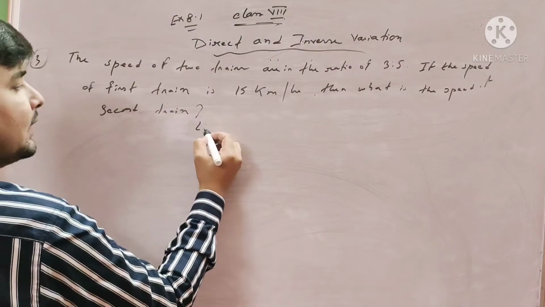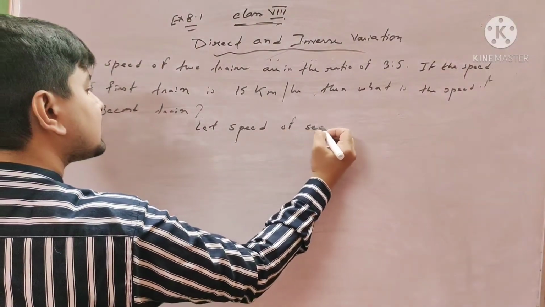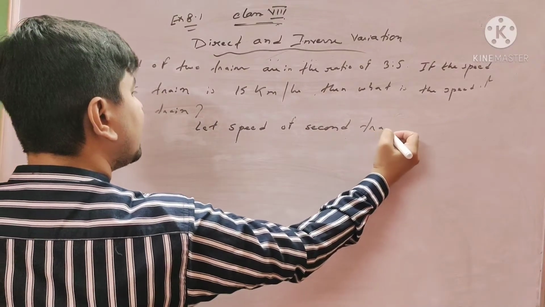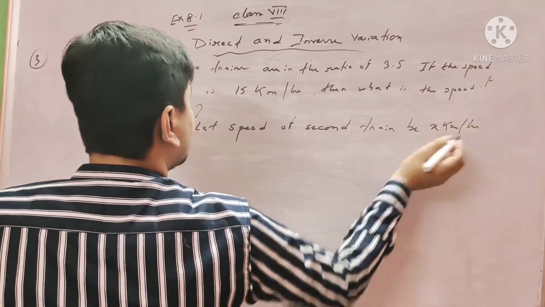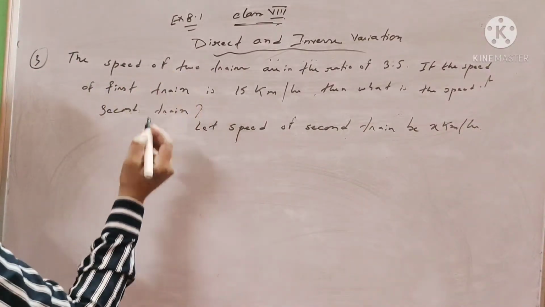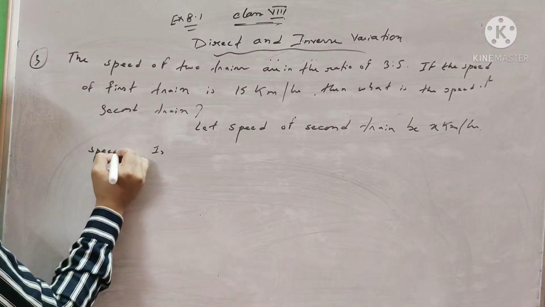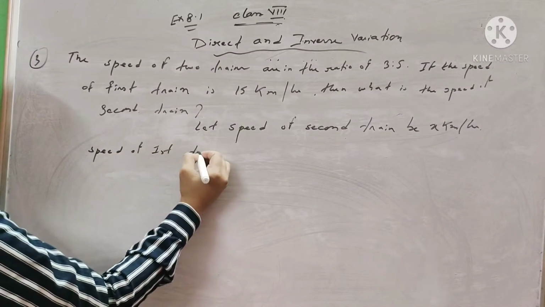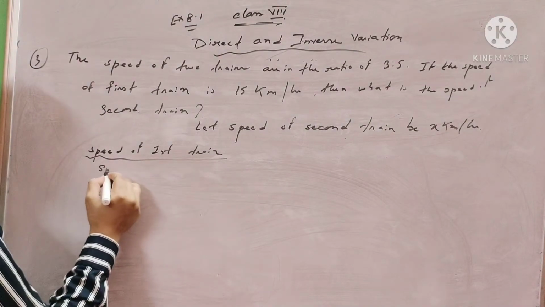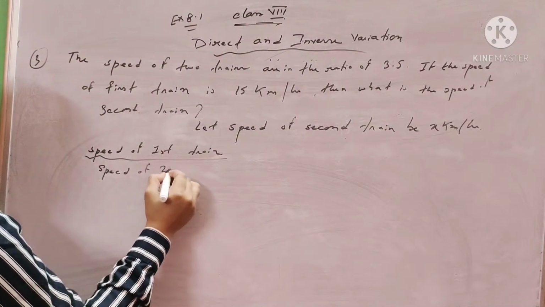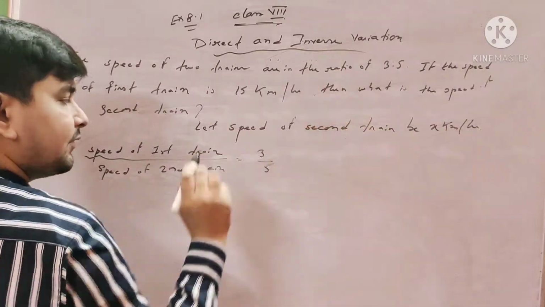First of all, let the speed of the second train be x km/h. What ratio is given? Speed of the first train by speed of the second train equals 3 upon 5, given here.